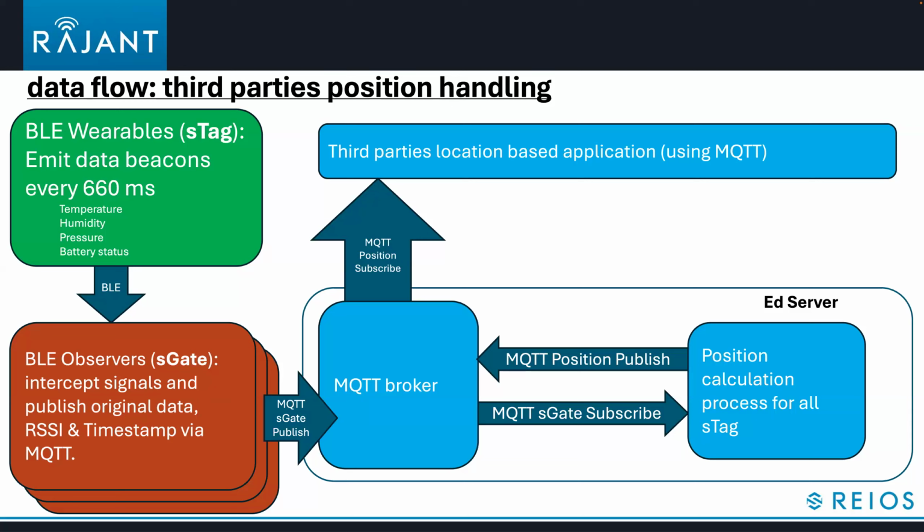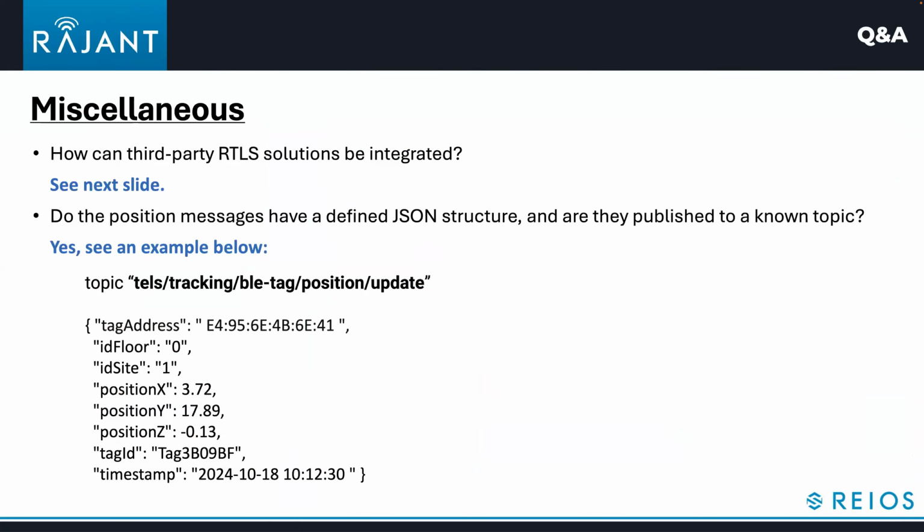Can you go back, Paolo, to one chart? Yeah. So this is a JSON message, and there is the tag ID, which means the badge name that you have to trace. There is also the physical tag MAC address, which is the MAC used inside the tag, and the site, the floor, the position XYZ, and when this event happened.